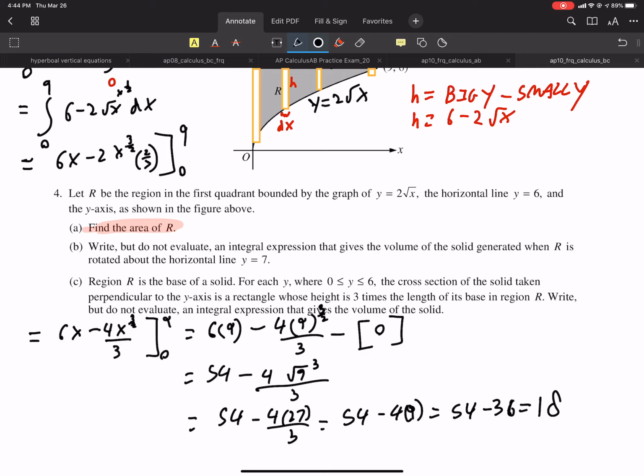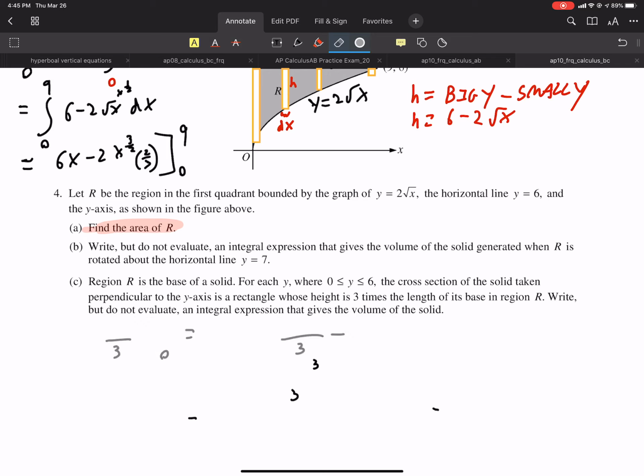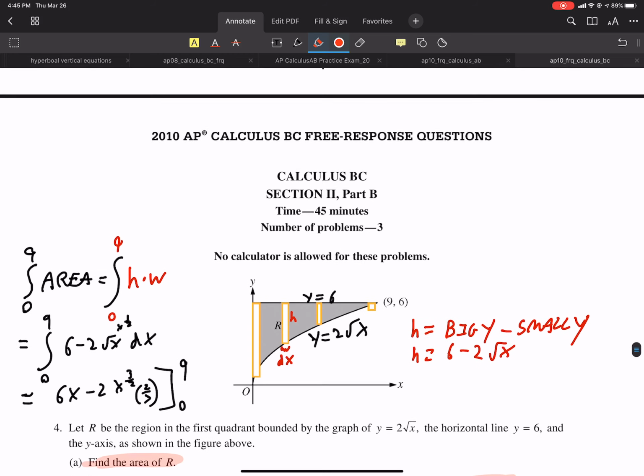Let's go to part B. I'm going to erase all this stuff because it's in my way. Part B, what's it asking for? Do not evaluate. I like that. An integral expression. I like that. Volume, solid. So you're rotating around the line y equals 7.